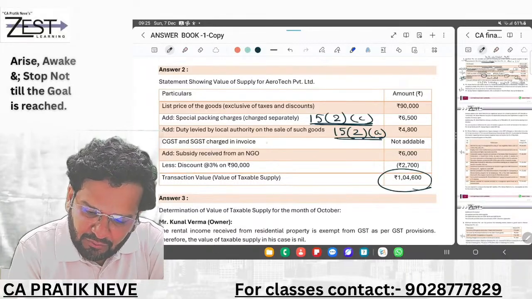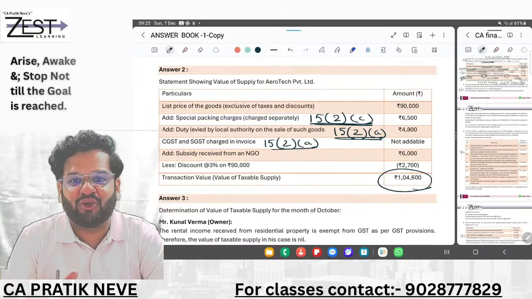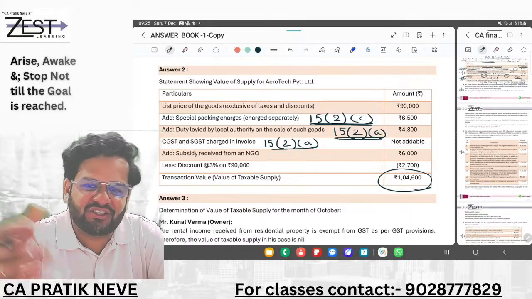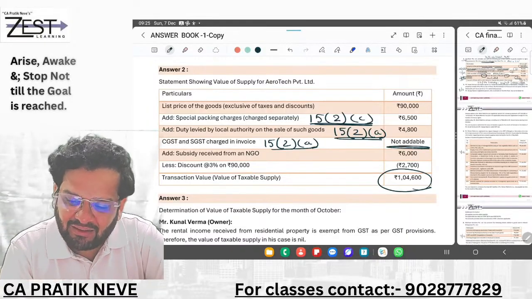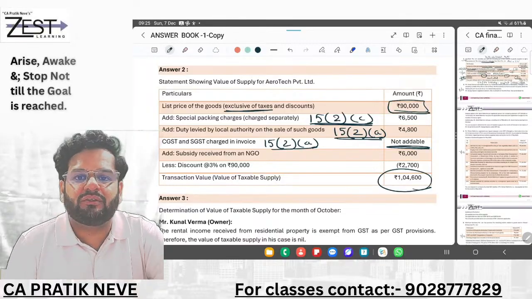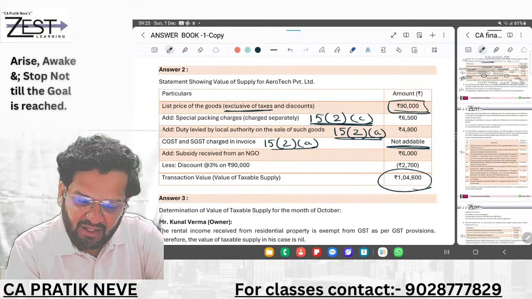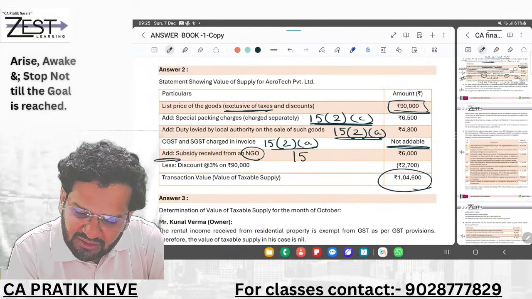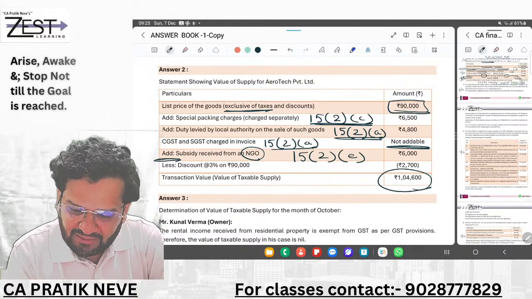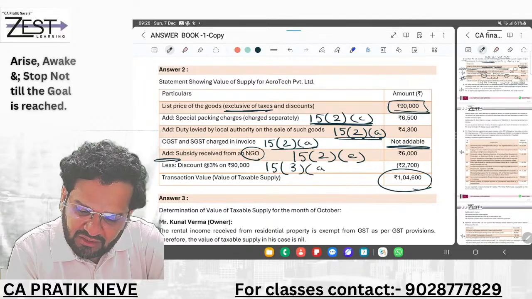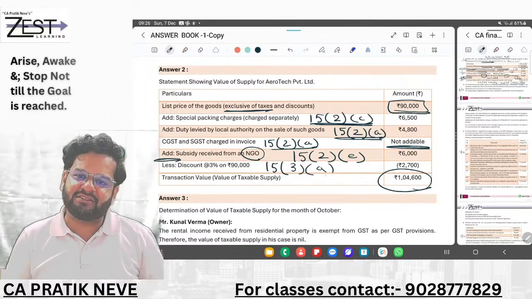Then 15(2)(a), GST you should exclude, because any taxes other than GST you should include. That means in short, GST you should exclude. So you have neglected it, because the given 90,000 rupees is already exclusive of taxes. Then subsidy you have added, it was from NGO. This is as per 15(2)(e). Discount you have subtracted is as per 15(3)(a). That's it.